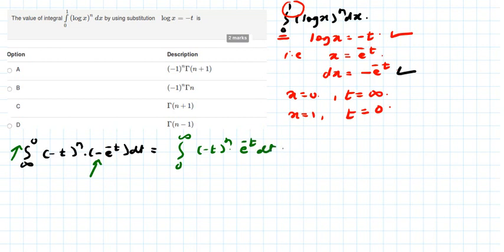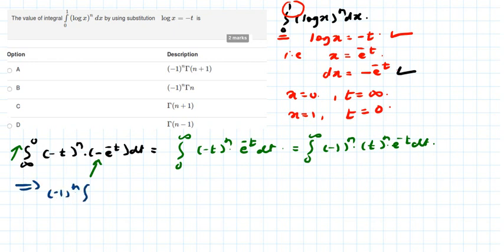This I can write as minus 1 raised to n into t raised to n e raised to minus t dt. So this is equal to minus 1 raised to n, which is constant, times integration 0 to infinity e raised to minus t t raised to n dt.